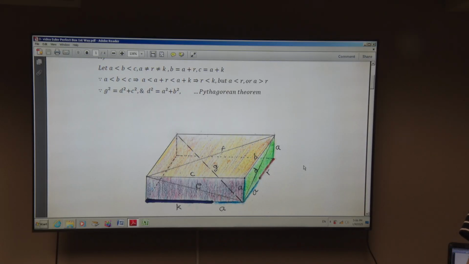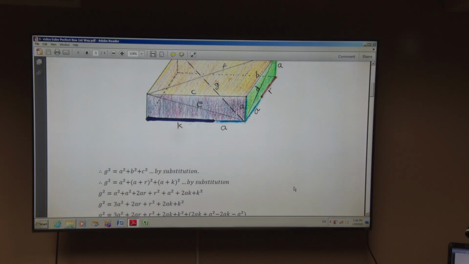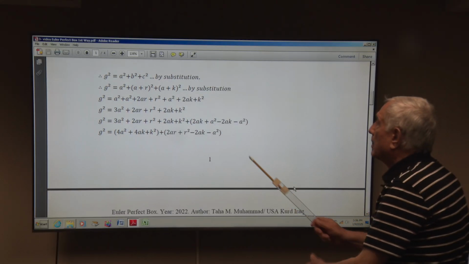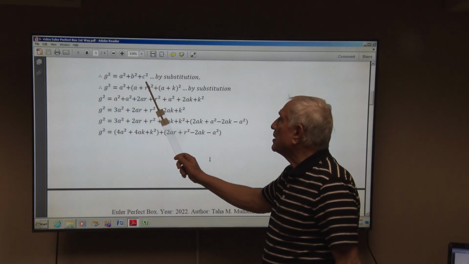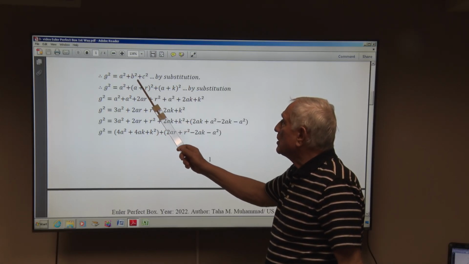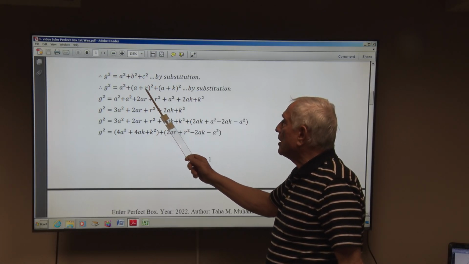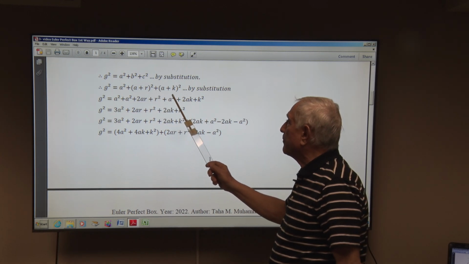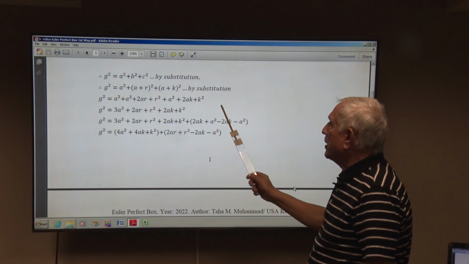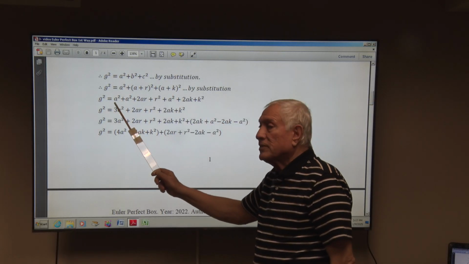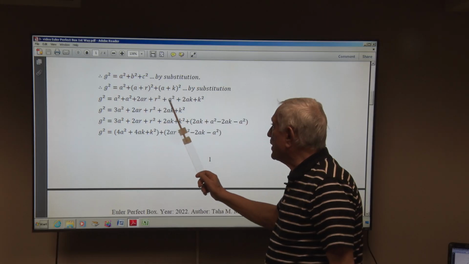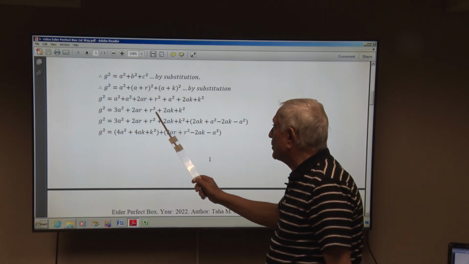Next page. I substituted the D, it became B squared plus C squared. Then another substitution, change B and C to A plus R, A plus K. Expand. We got that. Add like terms, we got 3A squared, and continue.